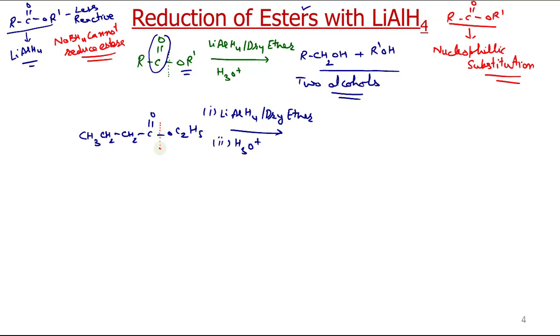This bond will break. We will get CH3CH2CH2CH2OH. This carbonyl group gets converted to CH2OH, and from this we will get C2H5OH. So we will get two alcohols.